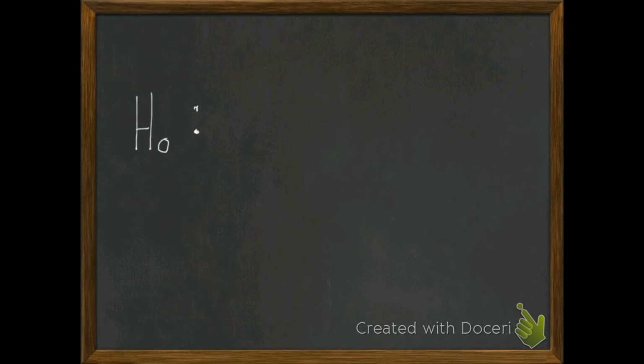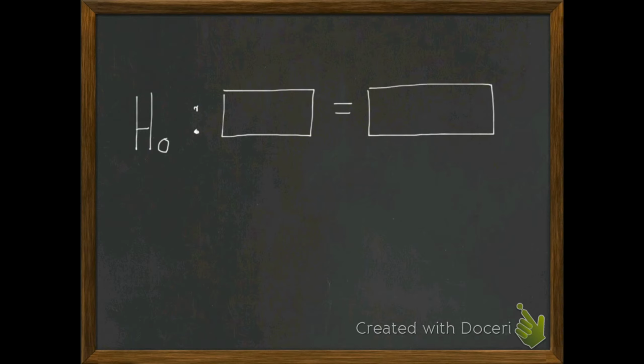Now, moving forward, in more general terms, the null hypothesis will always be H sub 0 and a colon, a box, equal, a box. The first box is going to be our parameter. For your sake, the parameter will either be mu or p.